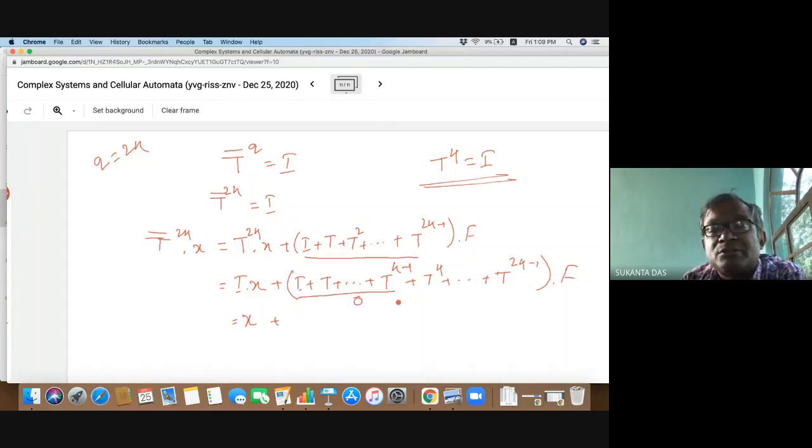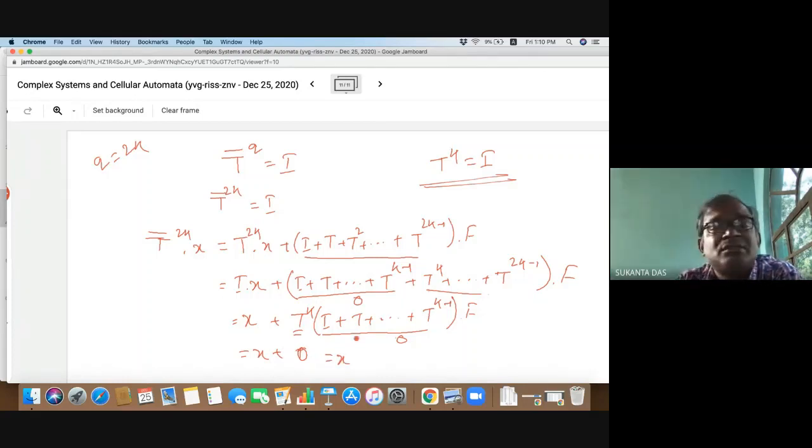So this part is 0, then I can take T to the power k common from here, then I plus T plus up to T to the power k minus 1 into f. Again I get x, this part is again 0, this part is I. So since this is 0, everything is 0, so it is equal to 0 is equal to x, right?